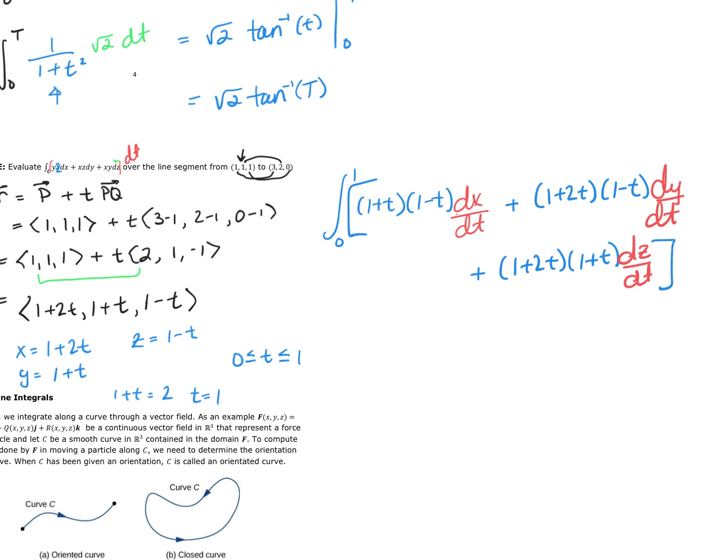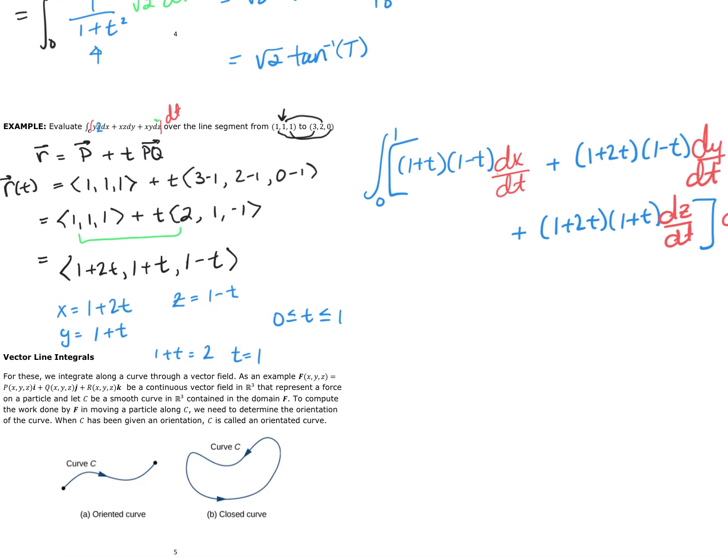And this all gets multiplied by dt, otherwise we would have changed the value. And you're thinking, what am I going to do with this dx dt? Well, I'm going to go back to these equations and take the derivative of each with respect to t. This one is 2, this one is 1, and this one's derivative is -1.